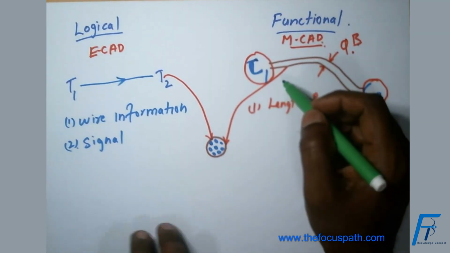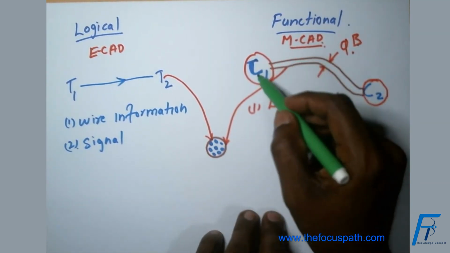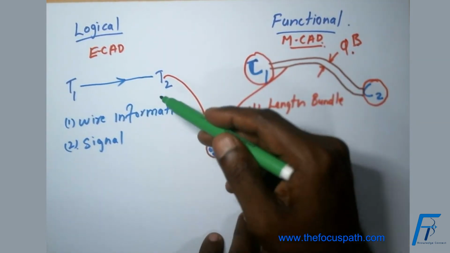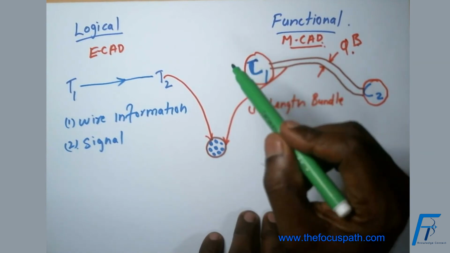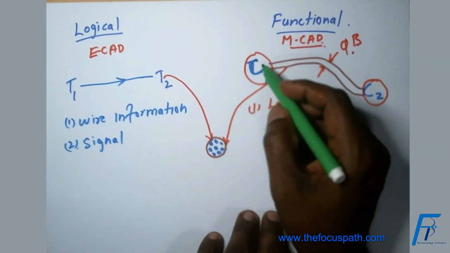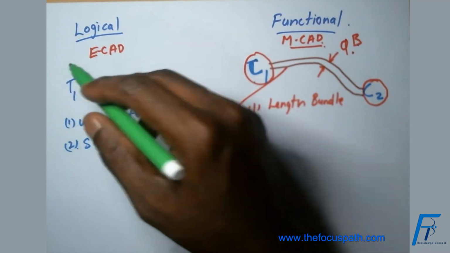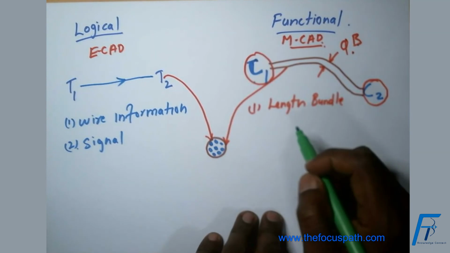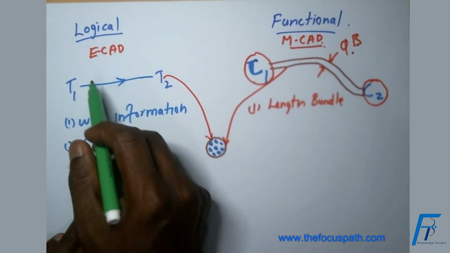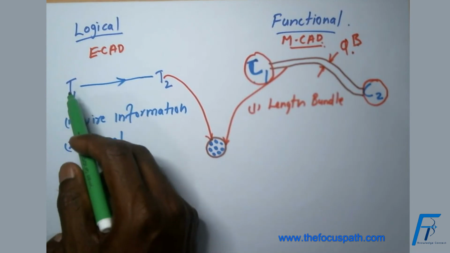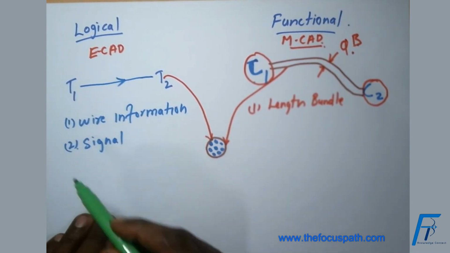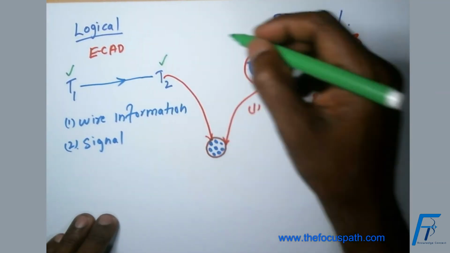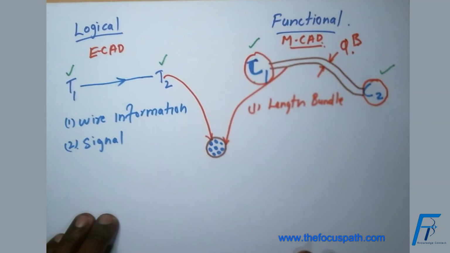Any MCAD application may have a terminology of C1 and C2, connector 1 and connector 2, whereas here you can have it as T1 and T2. So how C1 and T1 are collaborated is so important to understand. There should be associativity between ECAD and MCAD, making the system understand that T1 represents C1 and T2 represents C2. How does it understand?